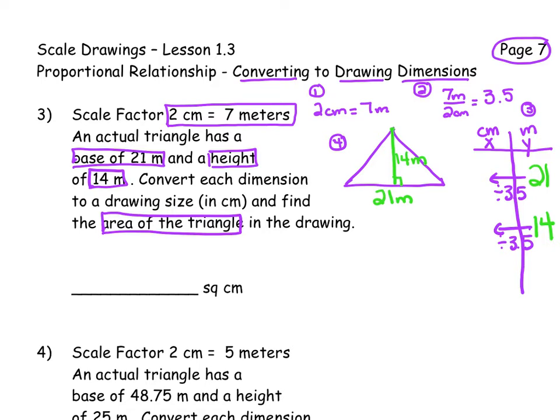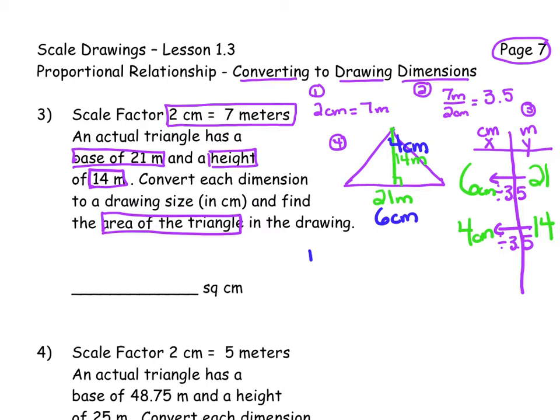In this case, 21 divided by 3.5 is 6 centimeters, and 14 divided by 3.5 is 4 centimeters. So, we know that this is 6 centimeters in the drawing, and the height is 4 centimeters in our drawing.